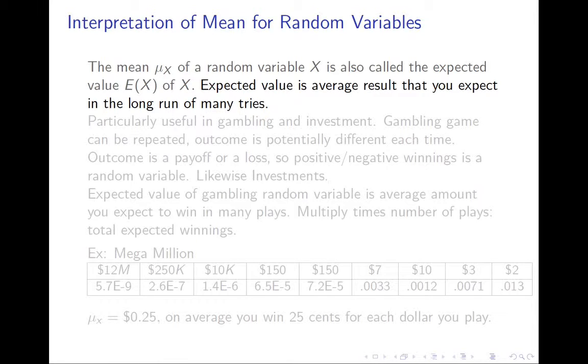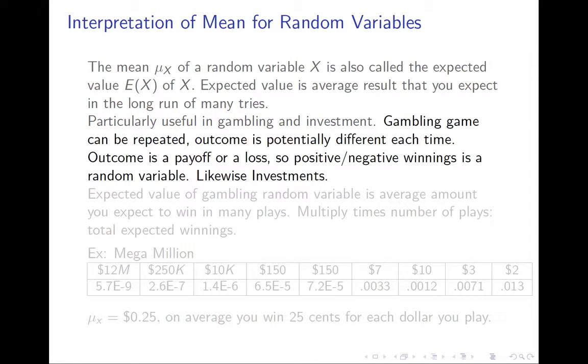This is a particularly useful thing to talk about in certain random variables, namely those representing gambling and investment. Why is, say, a gambling game naturally thought of as a random variable? It's a procedure which you can repeat as often as you like. You can play as many games as you want. The outcome obviously is uncertain in a gambling game. And it's a random variable because the outcome is a number.